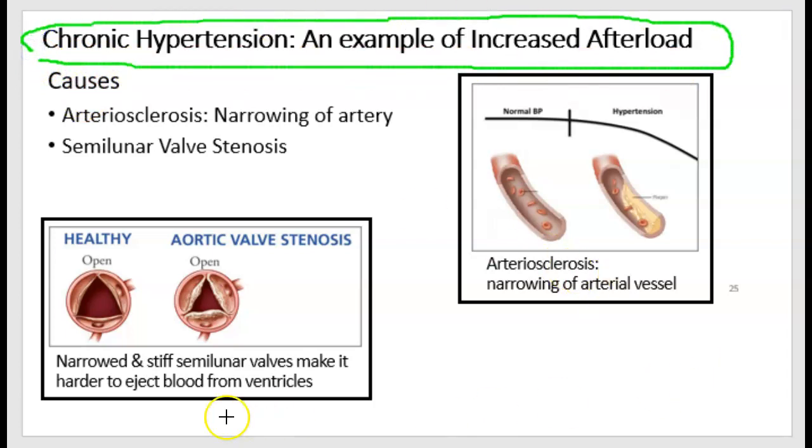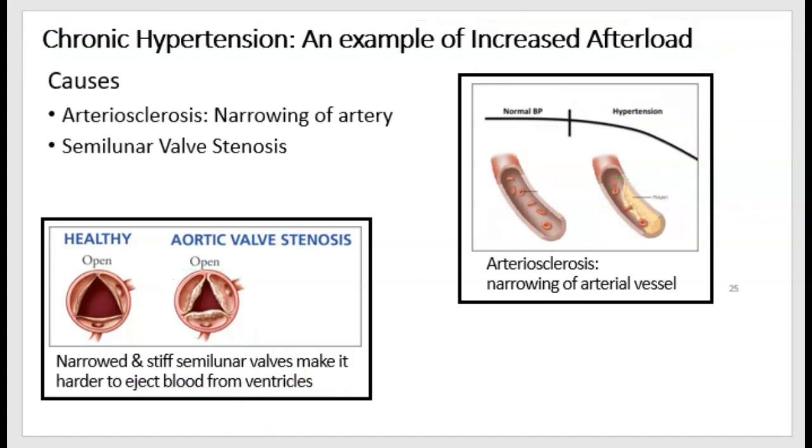It makes it hard for the ventricles to pump blood out, either due to a valve problem, like an aortic valve stenosis, or due to arterial thickening of the wall, the tunica media, that would produce hypertension as well. So the afterload has increased drastically and the heart has to work really hard.